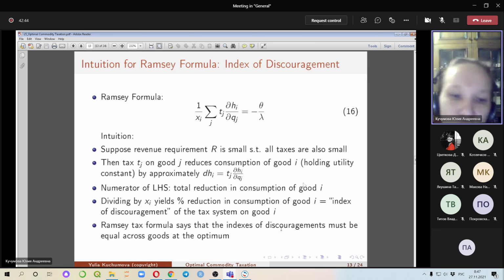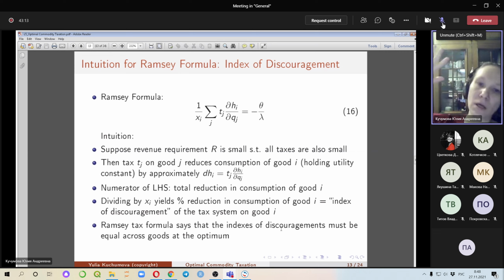And what is this index of discouragement? The percentage reduction in consumption of good i due to all taxes. We introduce taxes on the goods, and each tax, whether it's its own tax or the tax on the other good, causes a reduction in the consumption of that good.